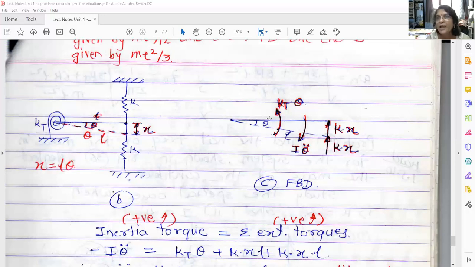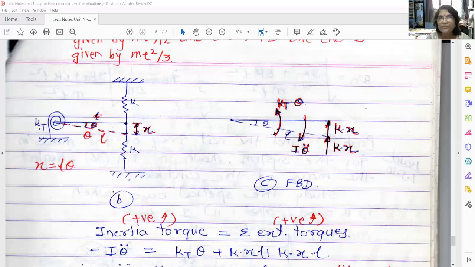Now, as we are providing this clockwise motion, your inertia torque will be applied in the clockwise direction, I0 theta double dot. So this is the inertia torque in the clockwise direction. And there is one more restoring torque provided by this torsional spring. This is the addition in the problem, no? So this torsional spring has KT. What is KT?